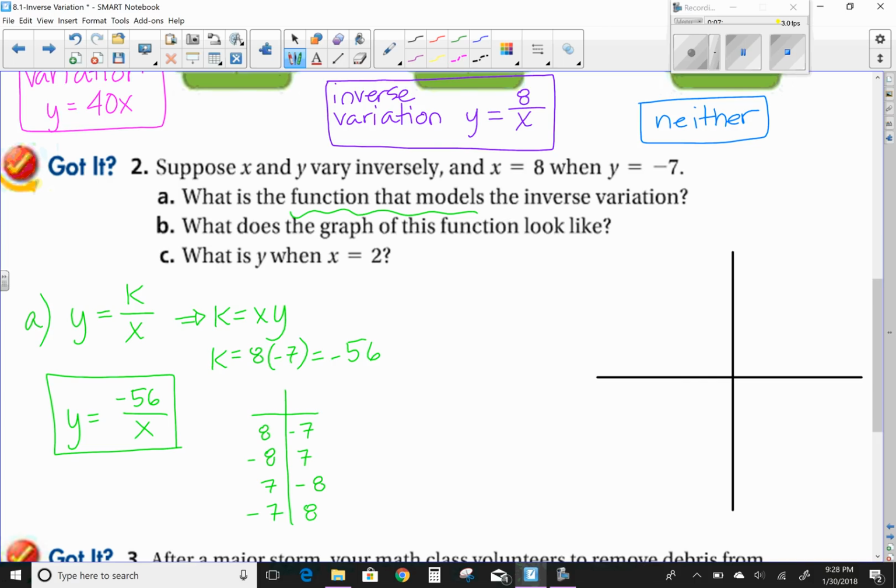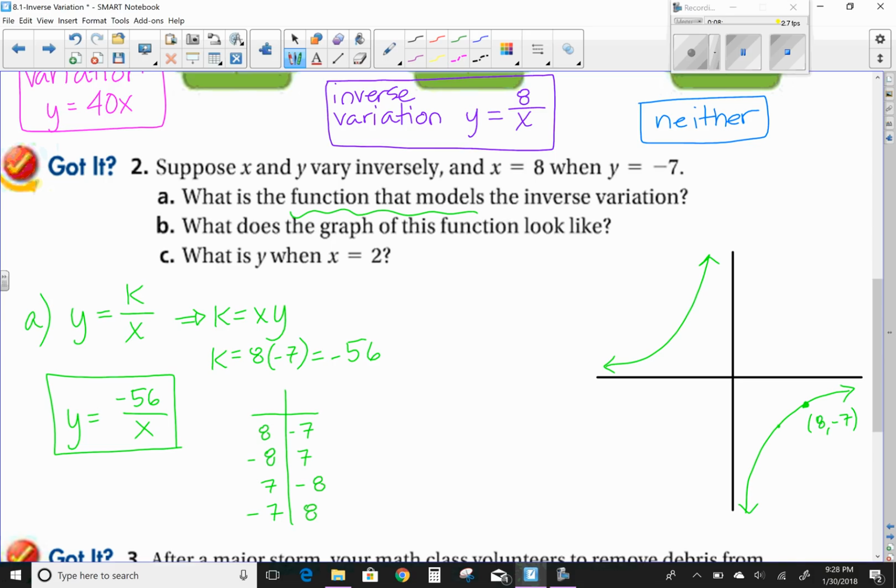And so if I go plot those points, I'm going to tell you, it's a rough estimate, y'all, that it's going to look something like this. I'm going to have one like this and one like this. So I can go label this point. It's an estimate, y'all. So this would be the point 8, -7.